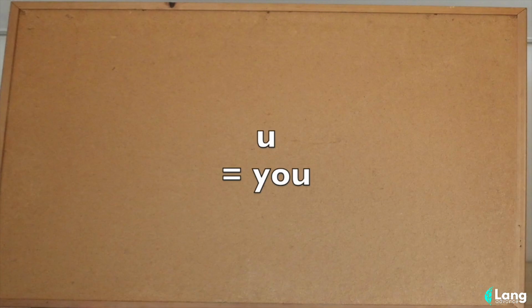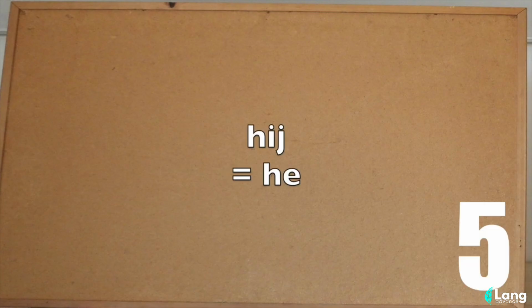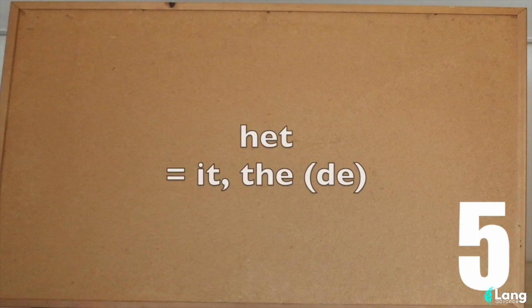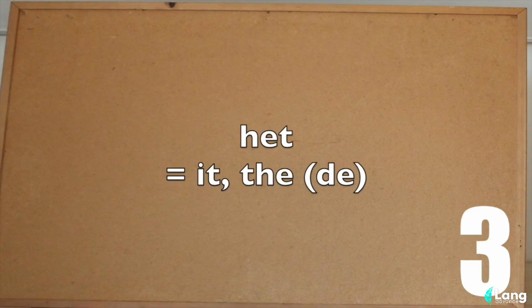U means you in a formal way. Hij means he. Het means it, but it's also used as an article, the, and the other article is de.